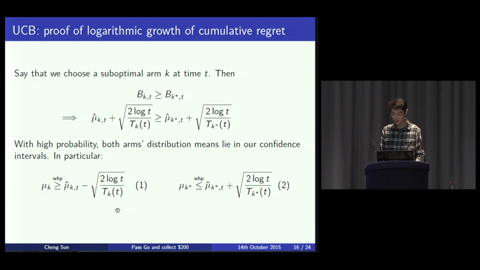OK, so now we make an observation which is quite important. You'll see that during the demo, the confidence intervals never actually excluded the true means. The confidence intervals did contain the true mean.